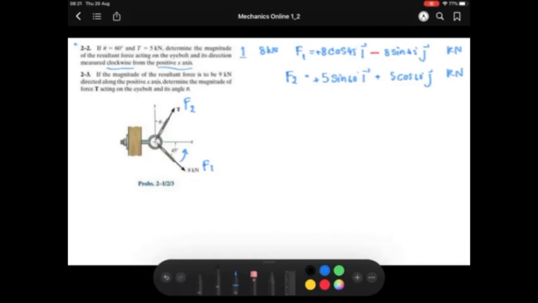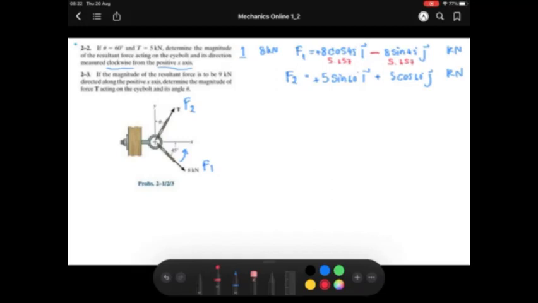I will use my calculator to find the answers. 8 cos 45 is 5.657, and this term is 5.657 as well, because this is a 45 degree angle.